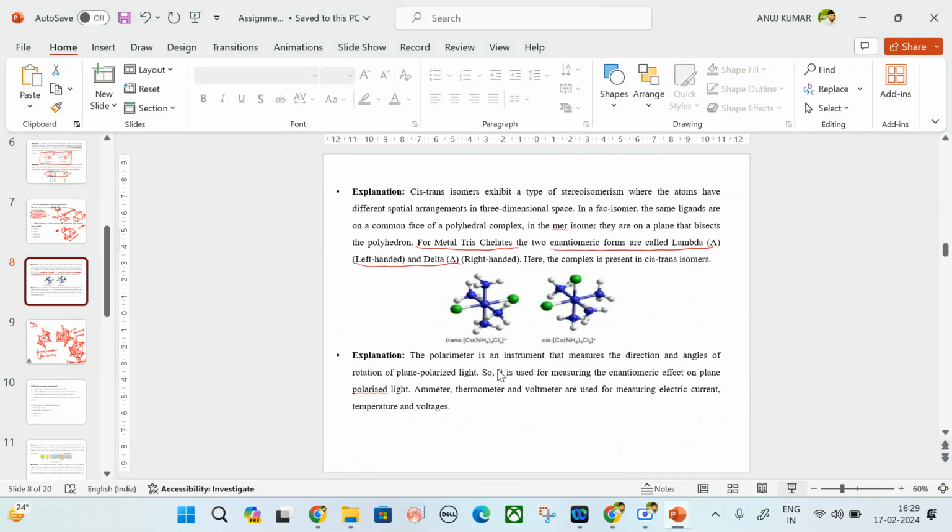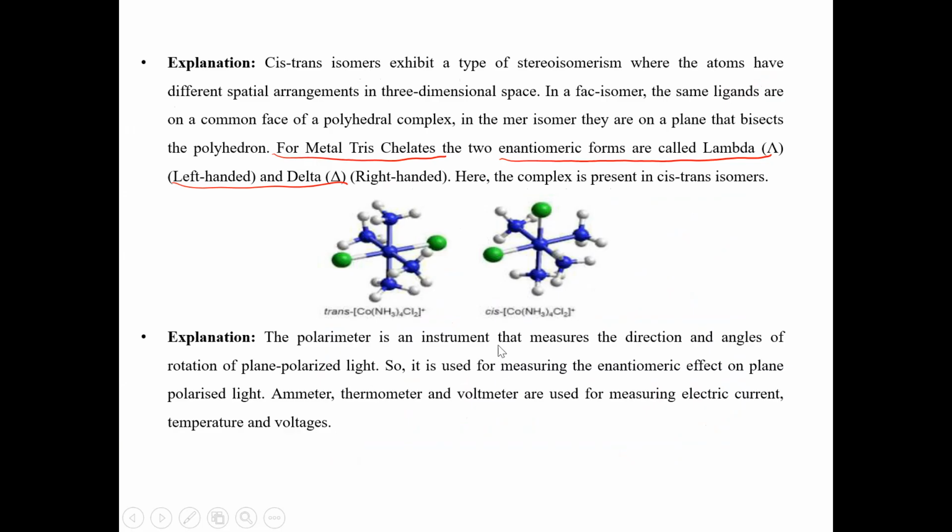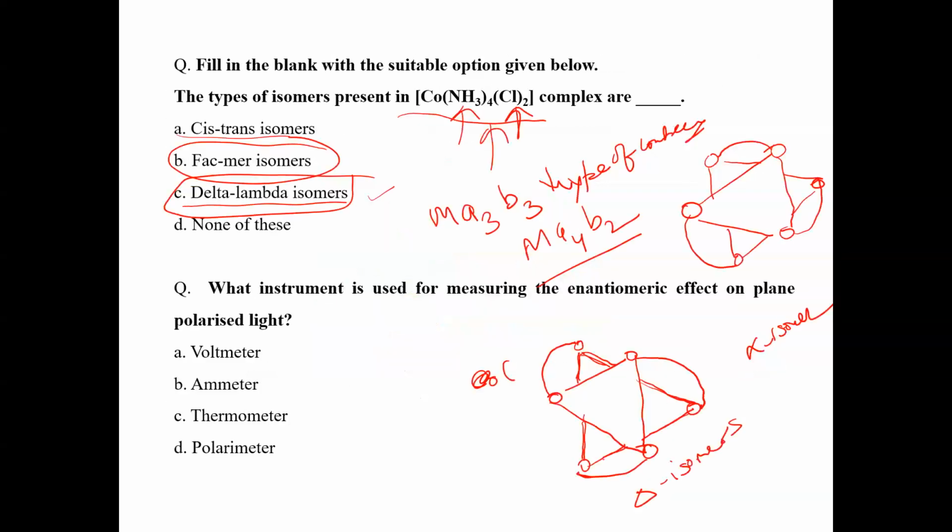So if I talk about the simple cis and trans structure, you can see the typical example of this complex. Okay, so you can see here the two chloride ligands are 180 degree apart, at 180 degree angle, and here they are at 90 degree. So this will be the cis structure and this will be the trans structure. So what will be the right option?